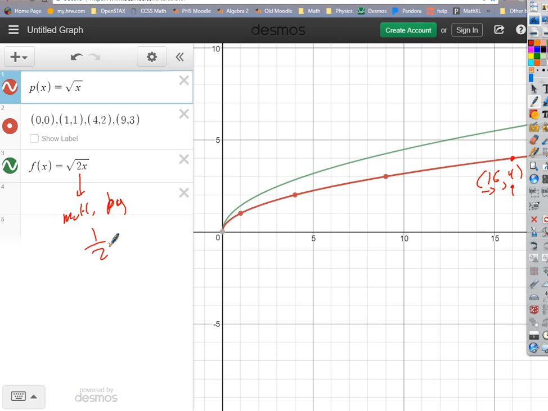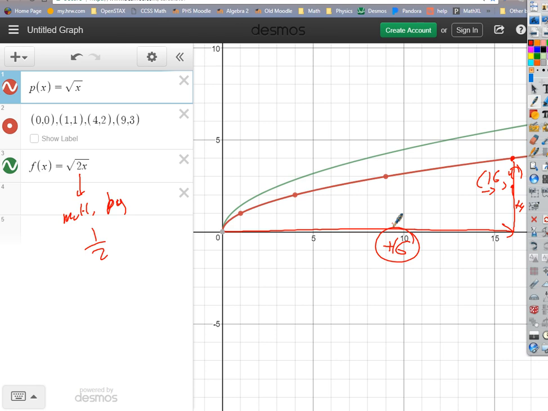If I'm normally going horizontally 16 and vertically 4, right? This is a horizontal compression where we multiply the horizontal changes, right? So that's this change. We went over 16 and we went up 4. This is a horizontal issue, right?